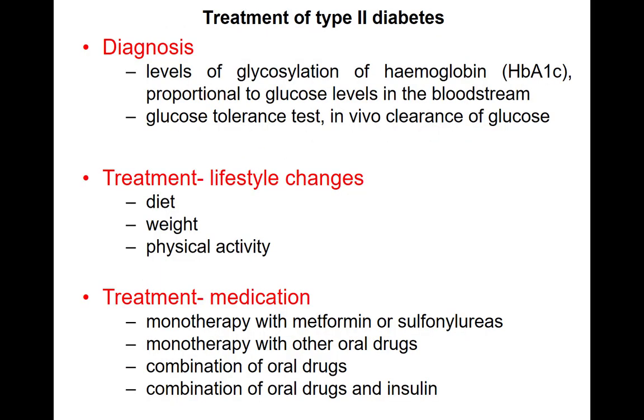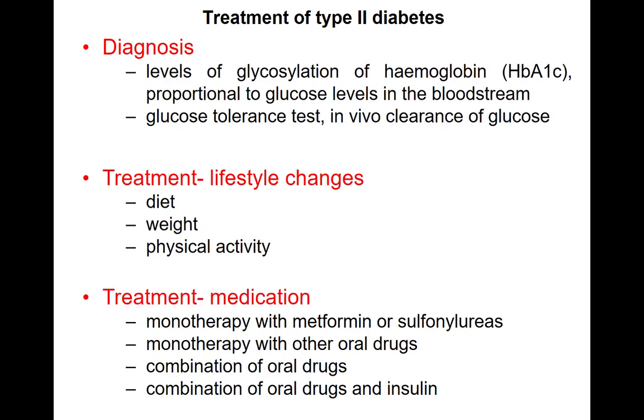And the treatment of type 2 diabetes is kind of summarized here. Firstly, the patient is diagnosed to have diabetes, and initially this is usually done by performing tests to identify the level of glycosylation of hemoglobin.